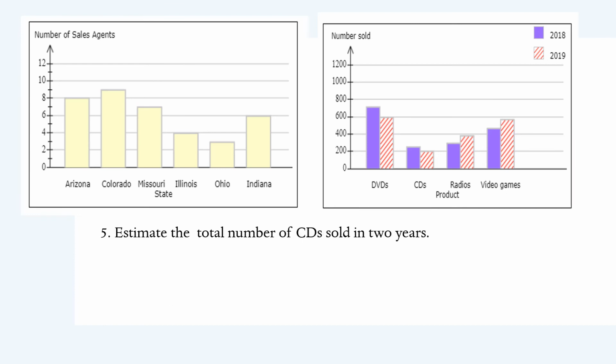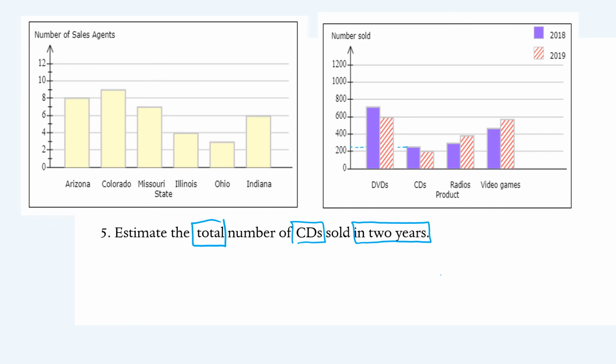Now we want to estimate the total number of CDs sold in 2 years. So that means we're looking at how many CDs were sold in both 2018 and 2019. So let's think about this. Well, this CD unfortunately doesn't fall quite on a line.